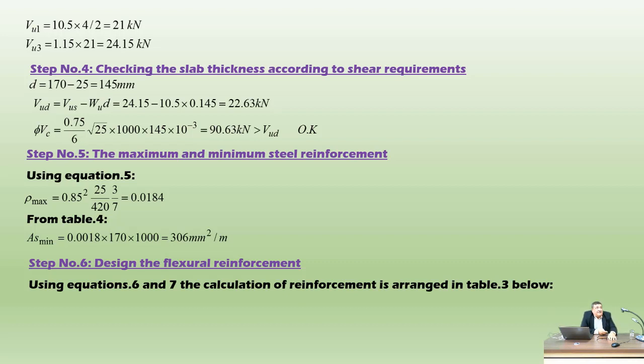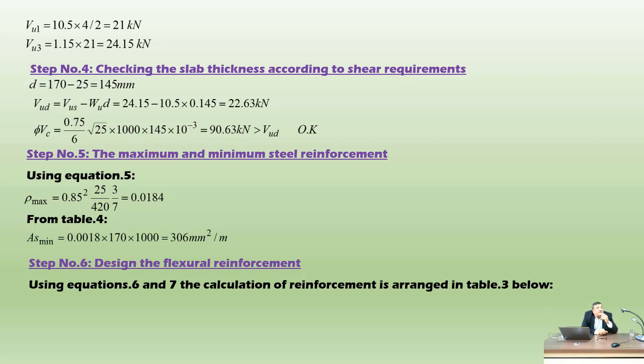Step number 5, the maximum and minimum steel reinforcement. Using equation number 5, rho max equals 0.85 squared, that 25/420, that 3/7, 25 of f'c, 420 is of fy. Rho max equals 0.0184.